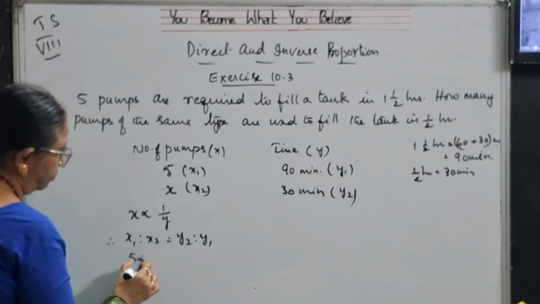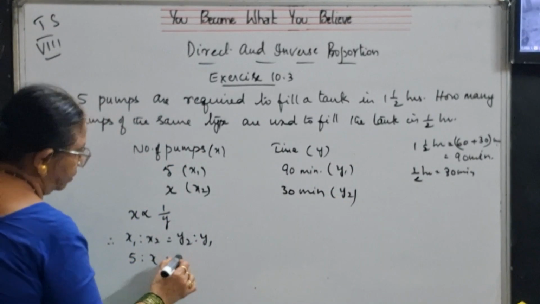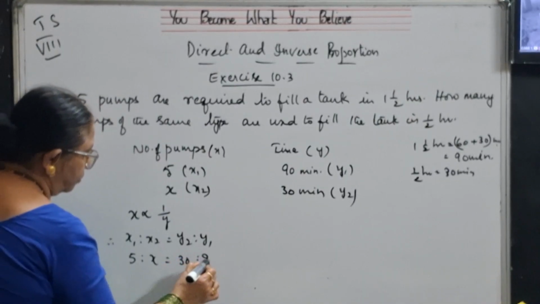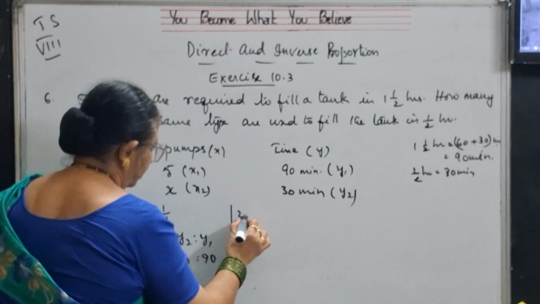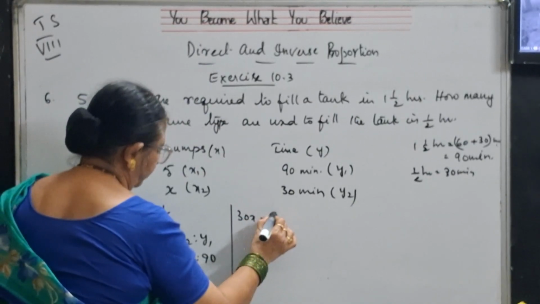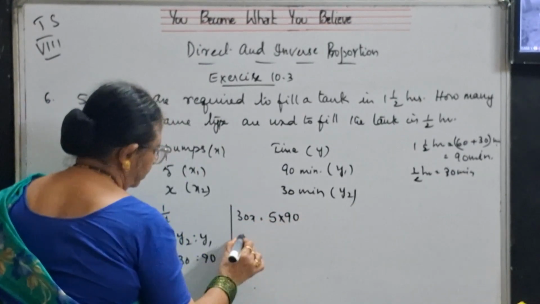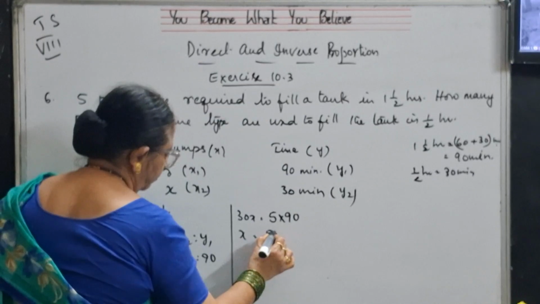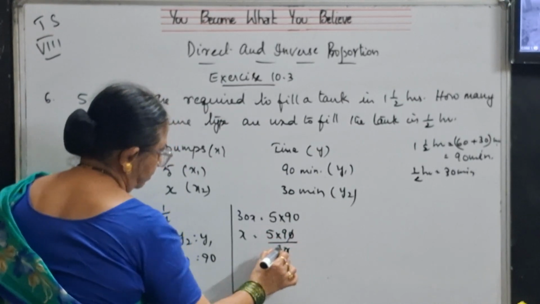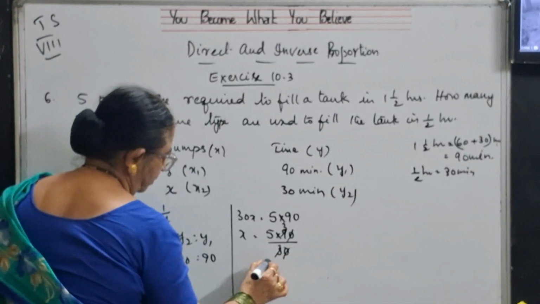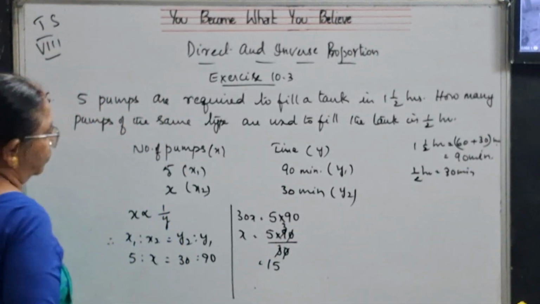So 5 is to x is equal to 30 is to 90. That means 30x is equal to 5 into 90. So what is x? 5 into 90 by 30. That is 15. X is 15.